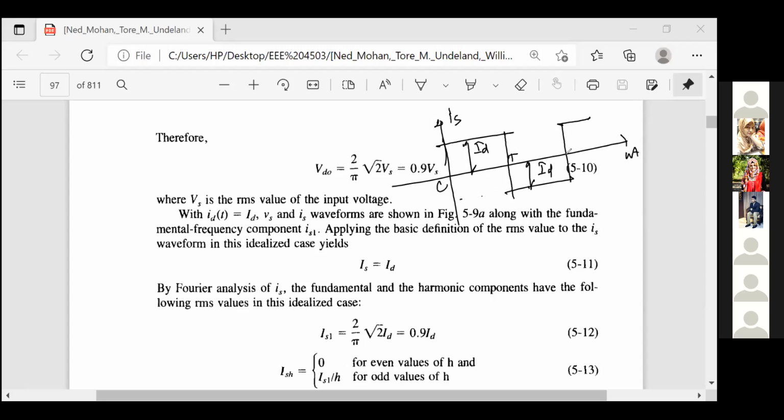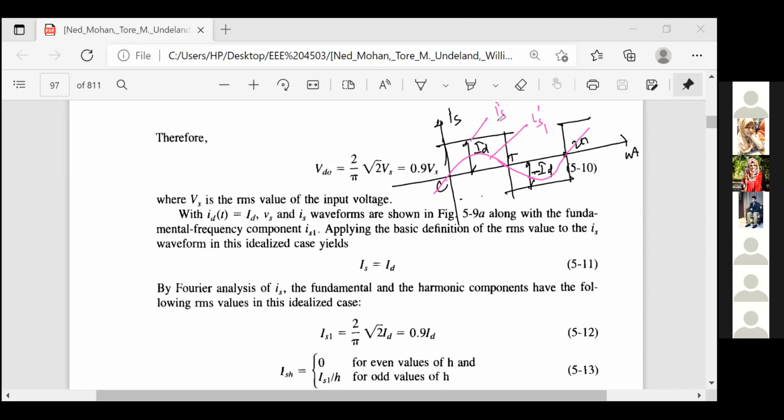This is your pi, and this is your 2 pi. And I told you, if you do the Fourier analysis, we will get the same frequency component. This will be known as IS1, and this is your IS.